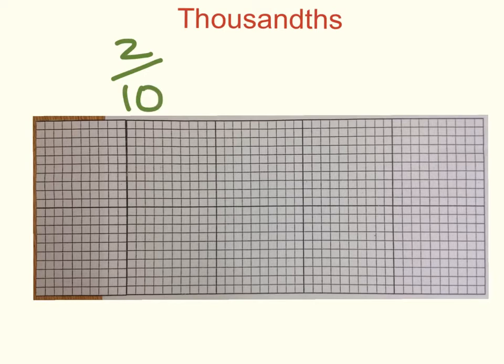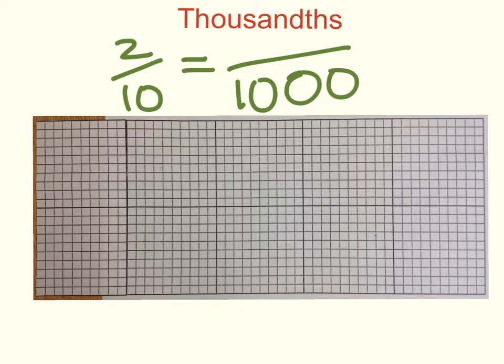That's interesting because this is a thousandths grid, so it's tough to shade in tenths. But guess what? If I think of equivalent fractions, 2 tenths is equal to how many thousandths? Well, what did I do to get from my tenths to my thousandths? I added 2 zeros. So if I add 2 zeros to 2, I get 200 thousandths.